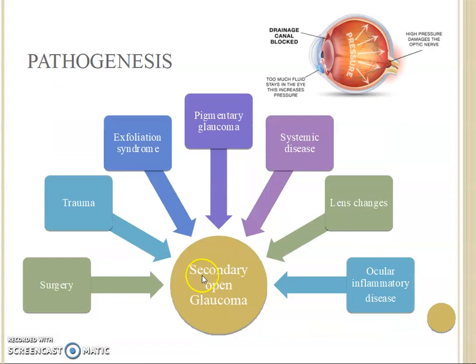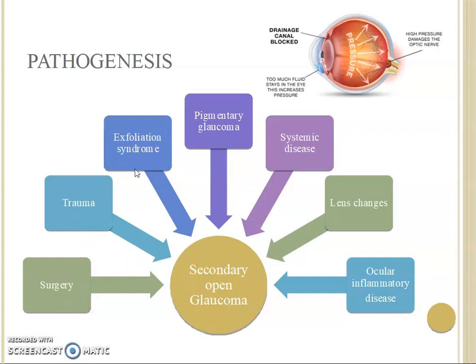Now next, moving towards the secondary open angle glaucoma pathophysiology. It is an advanced condition associated with open angle glaucoma, and as it is a secondary condition, it occurs due to other illnesses or factors in the person. Factors like surgery, trauma, and exfoliation syndrome.